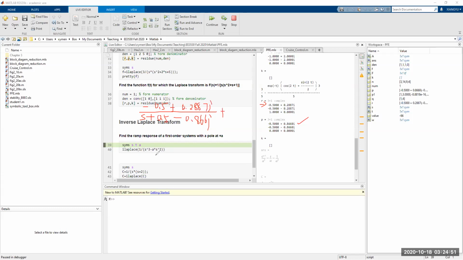For the second term, we have s plus 0.5 plus 0.866j, with coefficient minus 0.5 minus 0.2887j. And for the last term, s, the coefficient is 1.